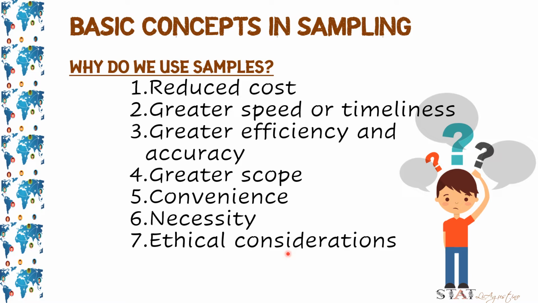Especially with endangered species, it's not ethical to get all of them. So you just get a few and then study. So that's one of the reasons why we use samples, and the process of selecting samples, again, is called sampling.